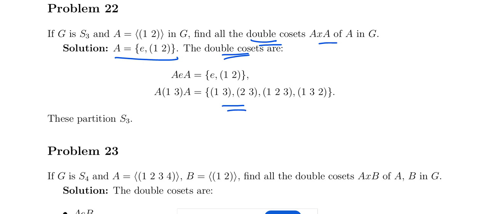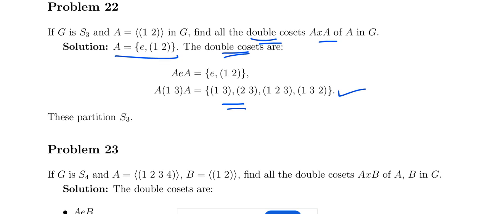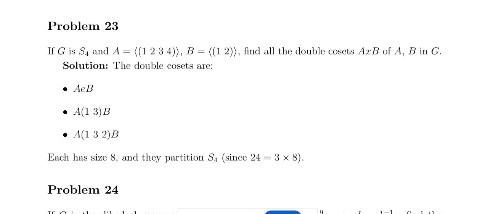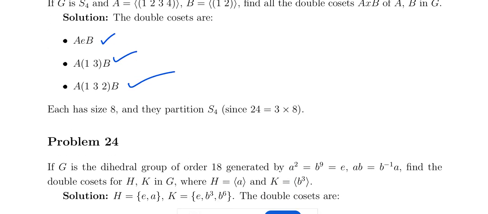When you try to find out, it is like this. You know how to multiply permutations. The same way for double coset AxB, where A, B are in G. So AEB, A(13)B, A(132)B, each of size 8, form a partition of S4.